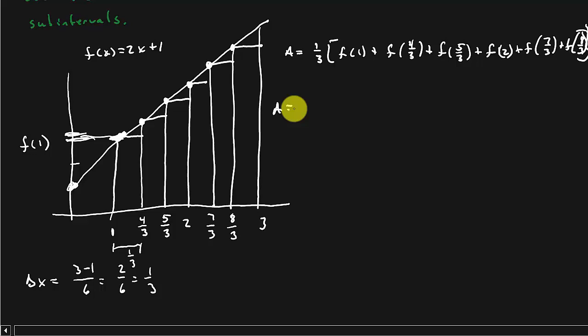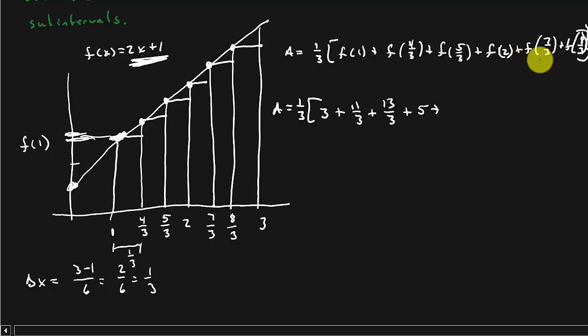And so now I get the area is 1/3 times, and now I've got to take each one of these values here, plug them into our function here. So I'm going to plug the 1 in, that's going to give me 3. Then I plug the 4/3 in, that's going to give me 11/3. Plug in the 5/3, that's going to give me 13/3. Plug in the 2, that's going to give me 5.